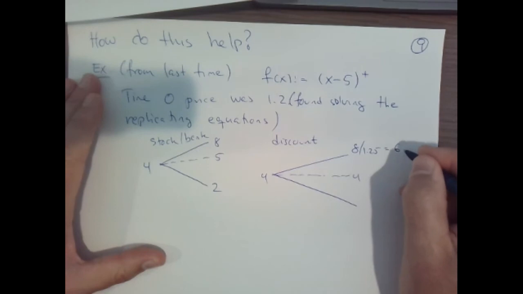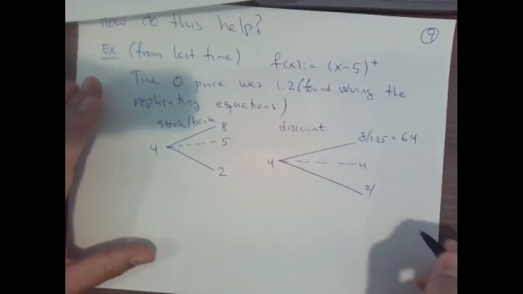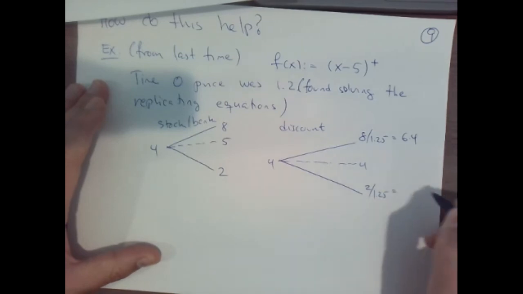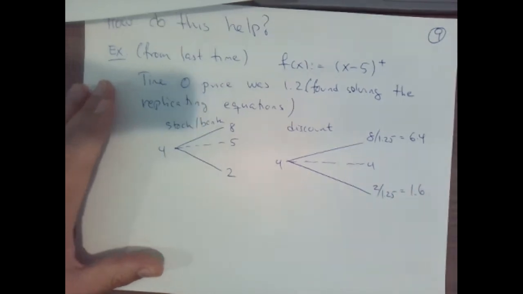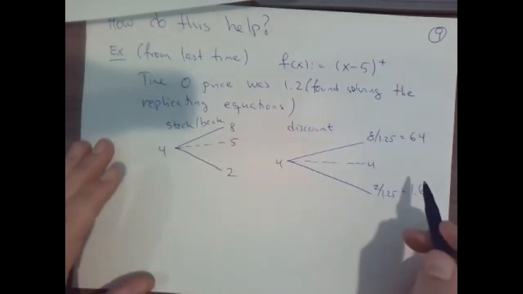And if I've done that right, it should be 6.4. And the same thing down here, we're dividing 2 by 1.25. We do this as 1.6. So that's the discounted stock.